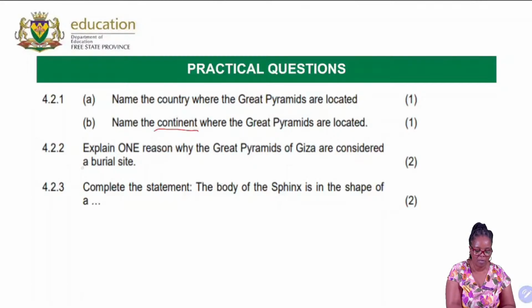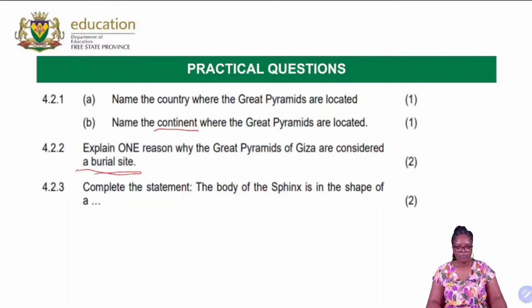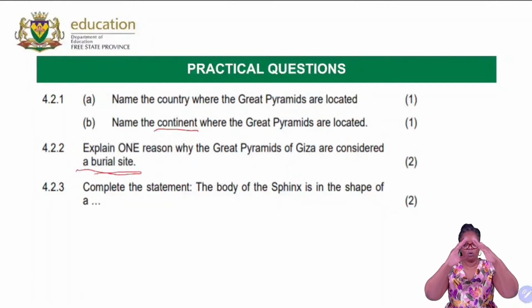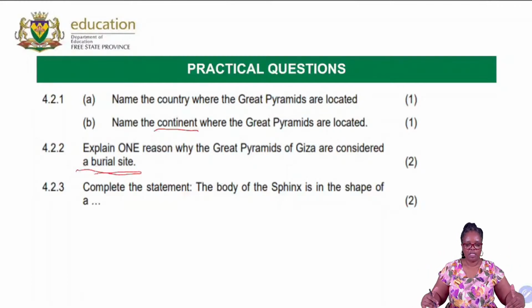We talk about this, a burial site. It is whereby the Egyptian kings, the pharaohs, were buried when they died. That's why it is regarded as a burial site, because they were buried there in the chambers of the pyramids.